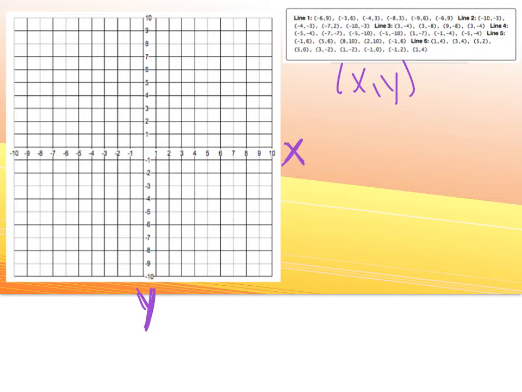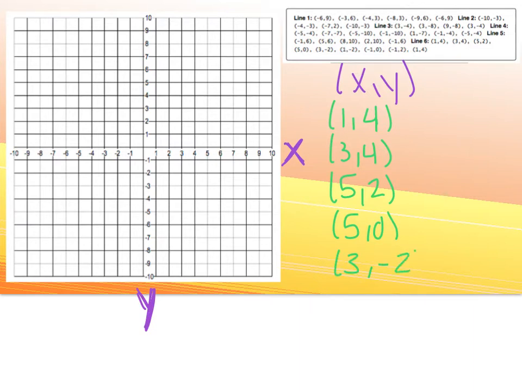So my points, I'm going to go ahead and write them even though you guys can see them. I have 1, 4, 3, 4, 5, 2, 5, 0, 3, negative 2, 1, negative 2, negative 1, 0, negative 1, 2, and 1 comma 4.